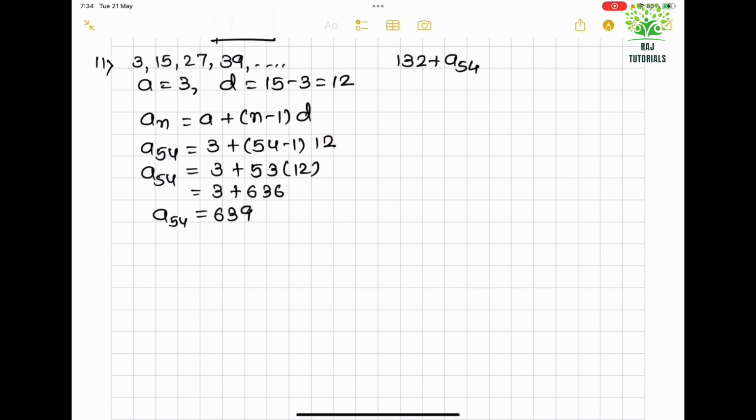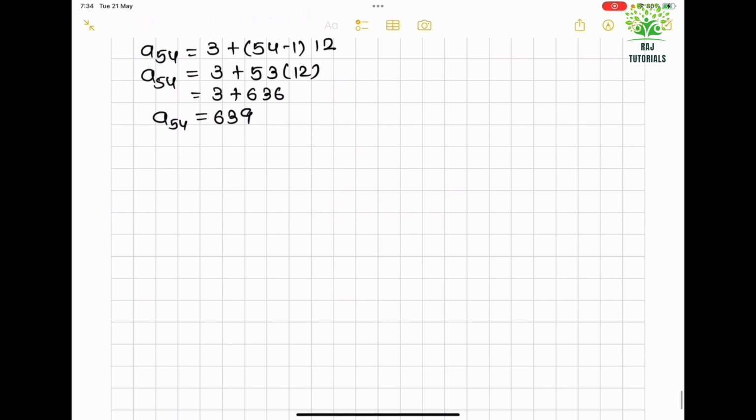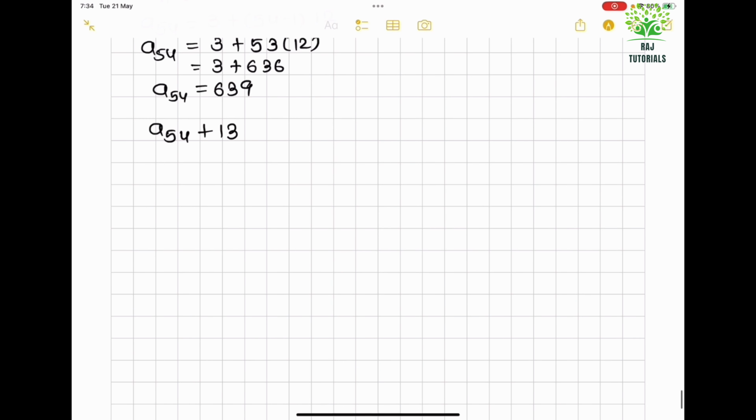I got A54 equal to 639. 132 more will be 639 plus 132, so that is 771.